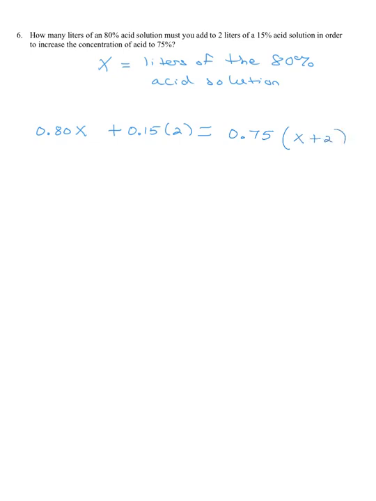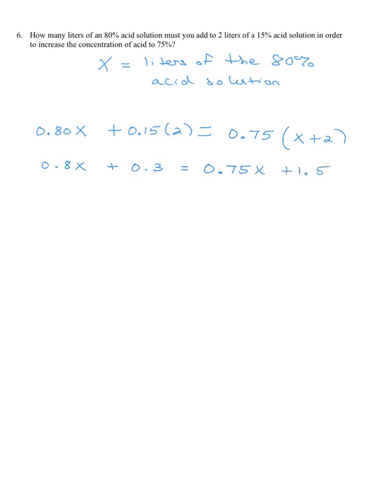The goal is to now solve this equation. So let's quickly go through that. I really can just write this as 0.8x, and then if I do 0.15 times 2, that's 0.3. On the right, I'm going to distribute the 0.75, and I get 0.75x plus 1.5.